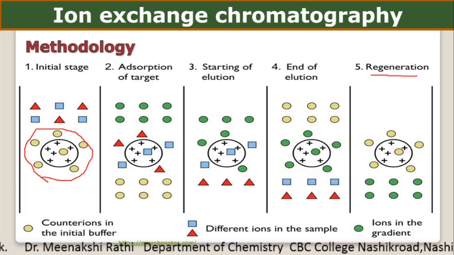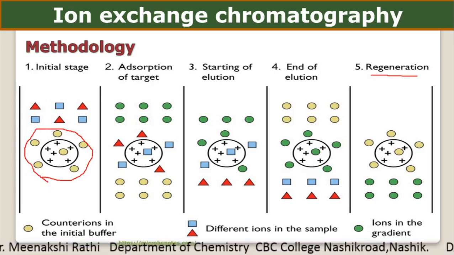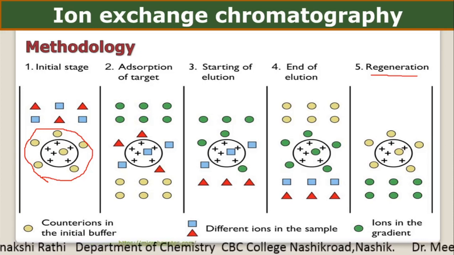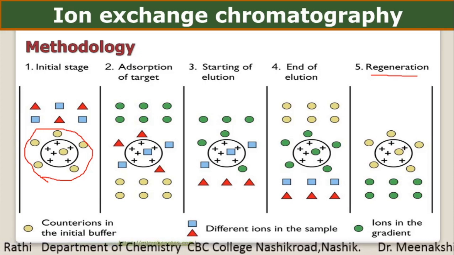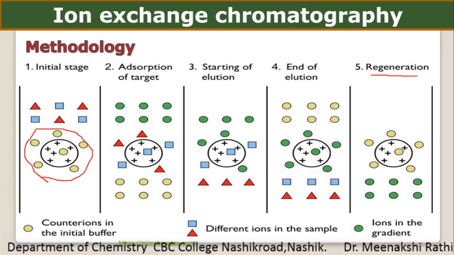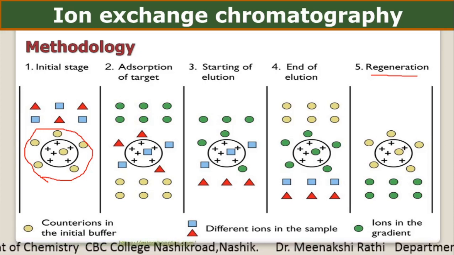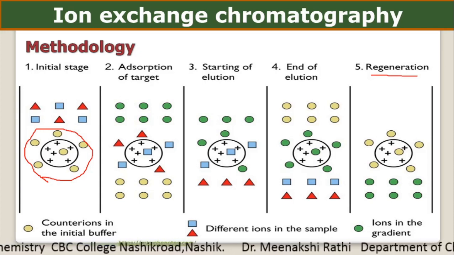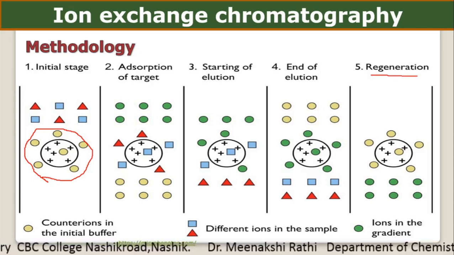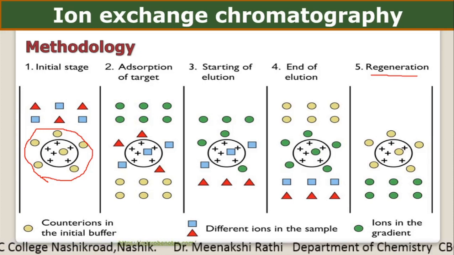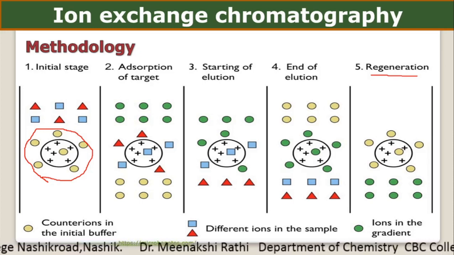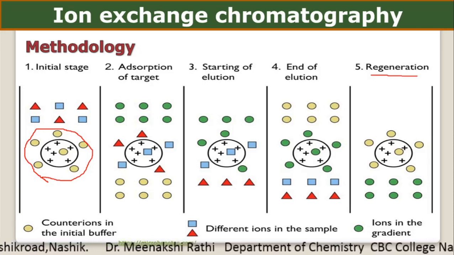So in this process, again I am repeating, to separate negative protein samples, positively charged ion exchangers are used. First it is washed with sodium chloride, so all chloride ions which are negatively charged attach to the positively charged ion exchanger.